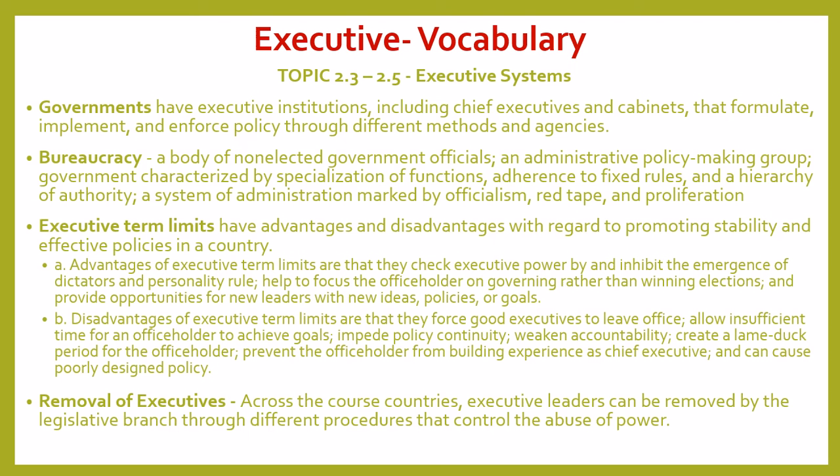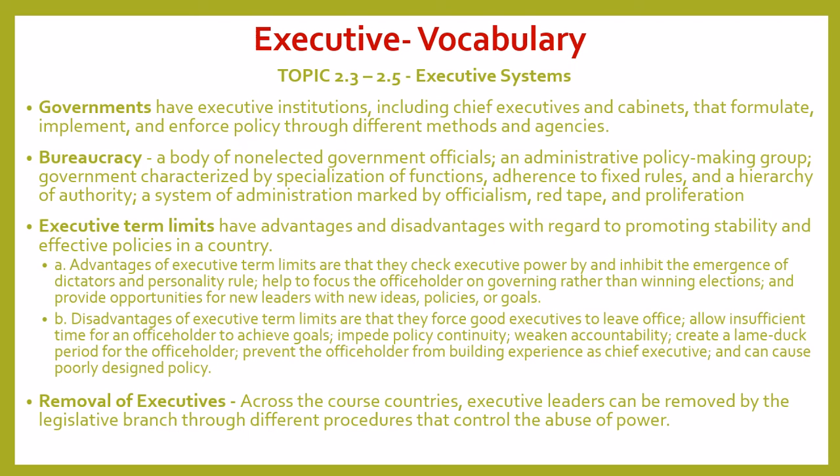Now, part of the government, and what the executive oversees, is bureaucracy. So these are non elected government officials, and they're usually in charge of the day to day operations of government. So they're the administrative policy making group.